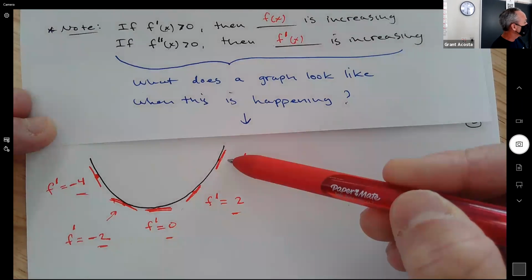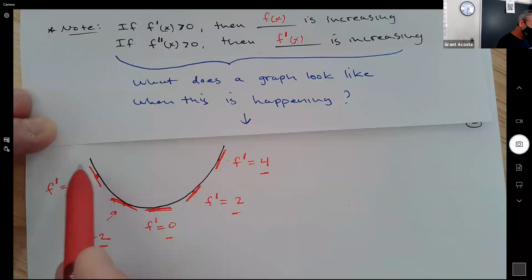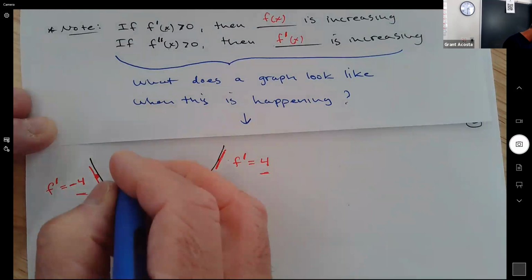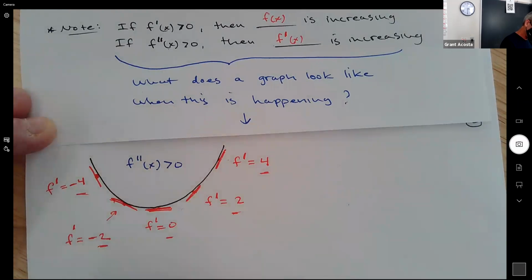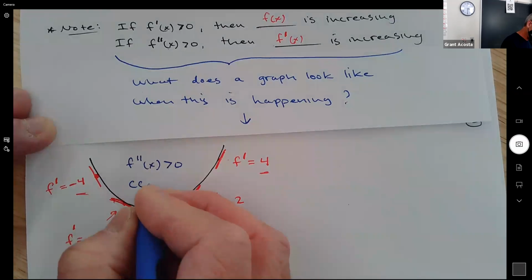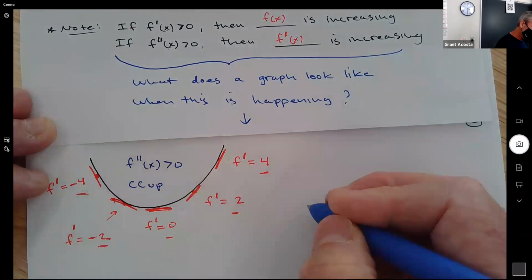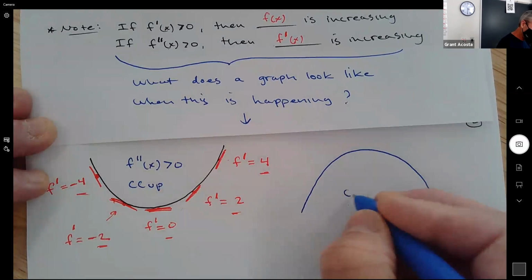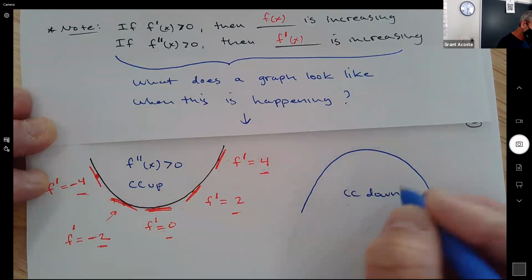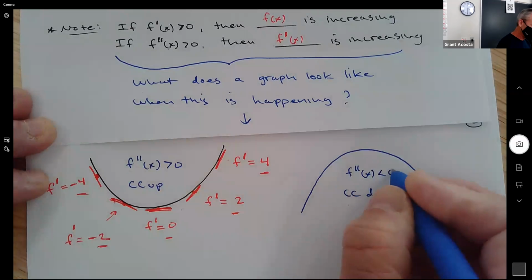So what we learn from this is anytime a graph is looking like this, we could expect the second derivative to be greater than 0, to be concave up. I usually write CC up. And if you have a graph that looks like this, which is concave down, then your second derivative is going to be less than 0.